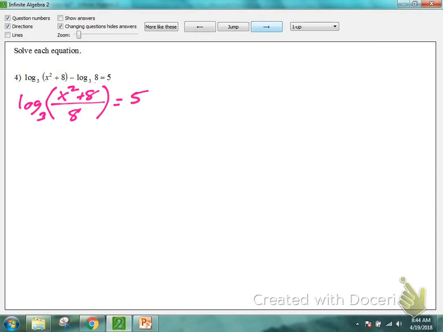Does everybody see how that worked out? Yes? So now what's our next step? Starts with an S. Switch, okay? Because there's no logs on the left or the right side, so we got to switch. So 3 becomes your base, 5 becomes your exponent, equals x squared plus 8 divided by 8.